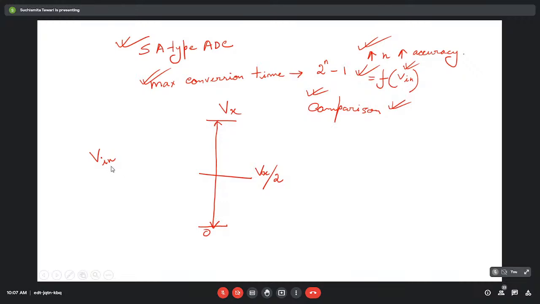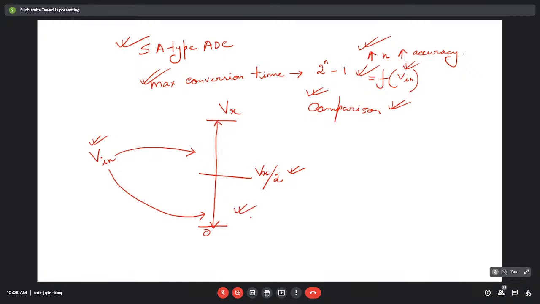Now we will try to see whether this Vin is falling in the upper range or in the lower range. Basically what we are doing is comparing this Vin with this Vx by 2. Suppose the Vin is falling in the lower range, that is, its value is less than Vx by 2.